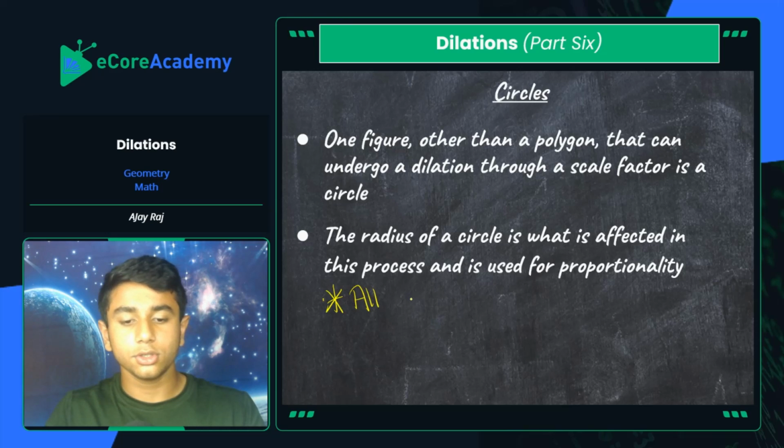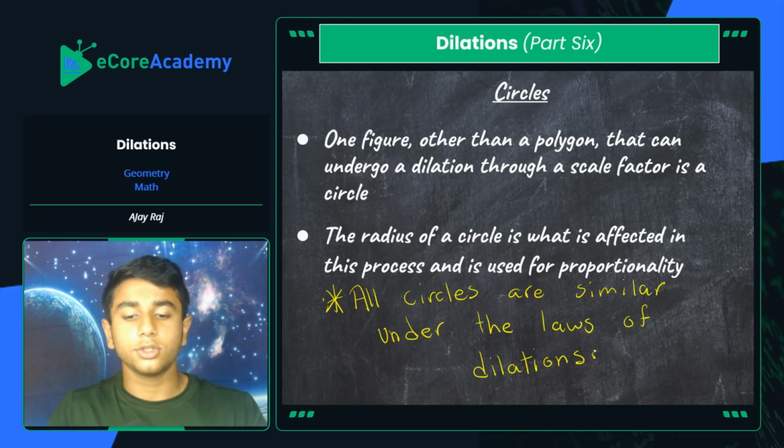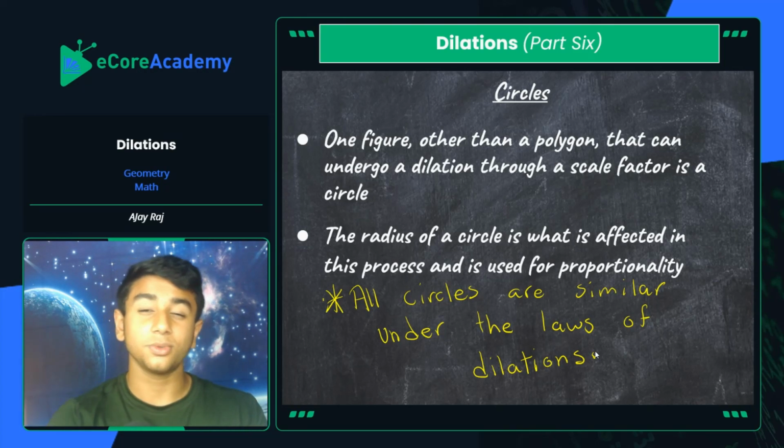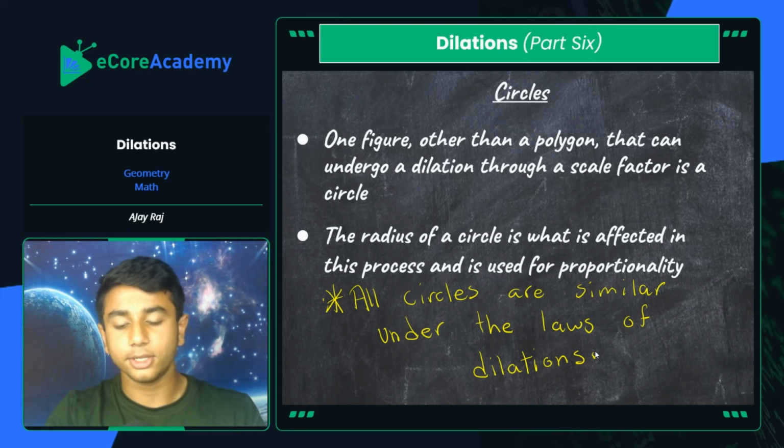All circles are similar under the laws of dilations. I just want you to get acquainted with that, and I will explain it in later videos when we go about circles and conic sections, which is farther down the line, but I wanted to mention it because it relates to our topic of dilations.